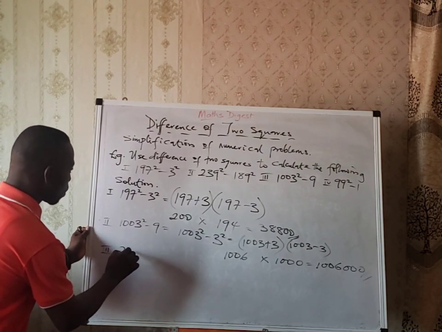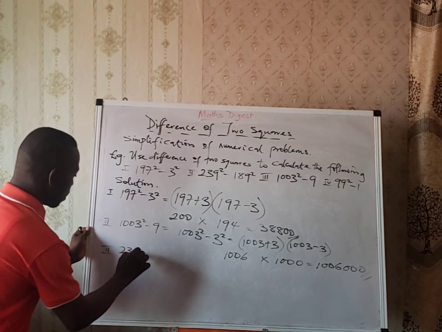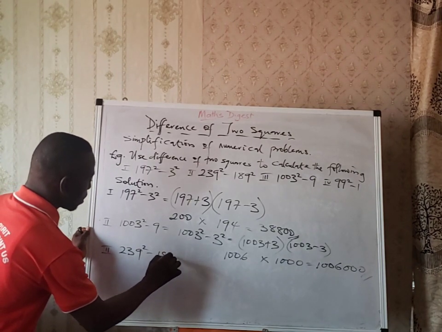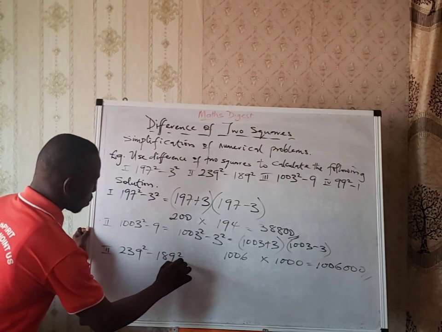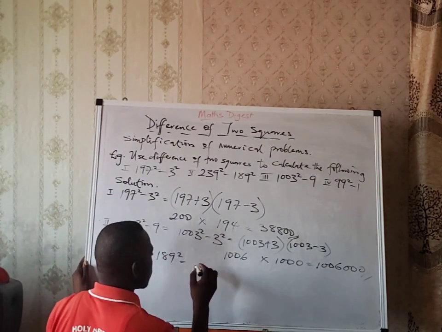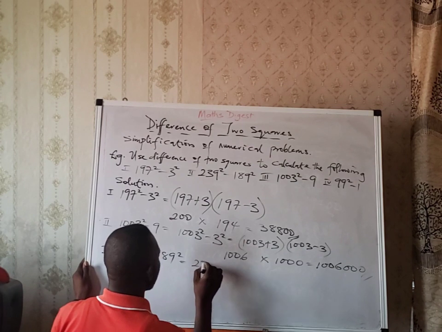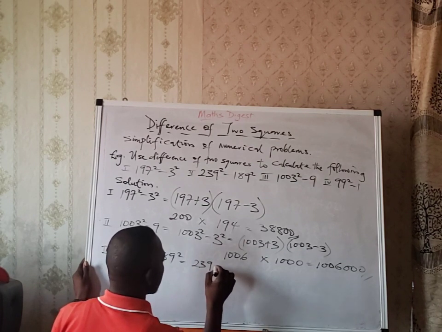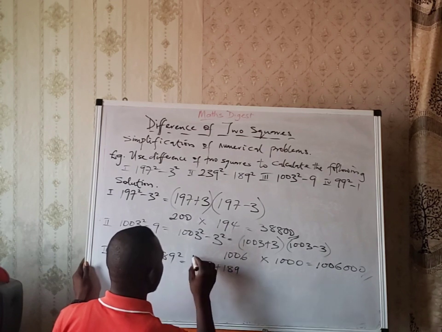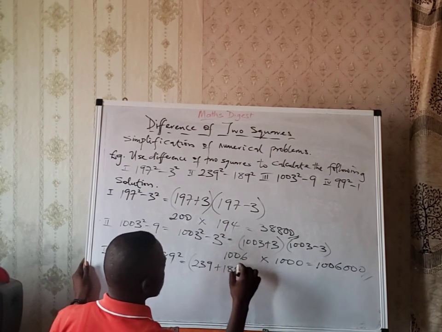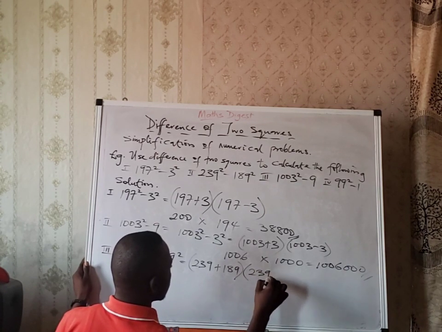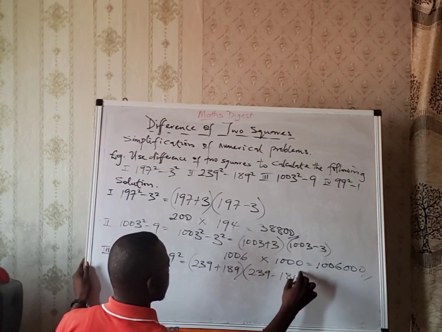We have 239 raised to power 2 minus 189 raised to power 2. This will give us 239 plus 189 in brackets, and 239 minus 189 again.